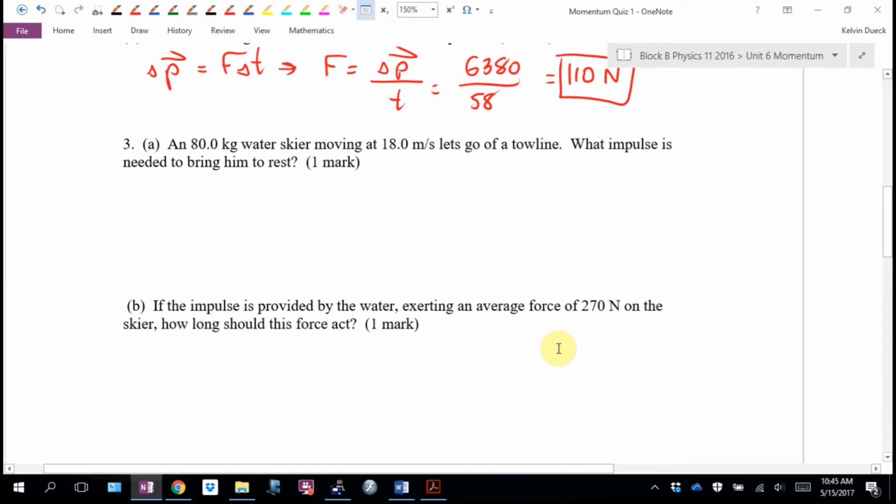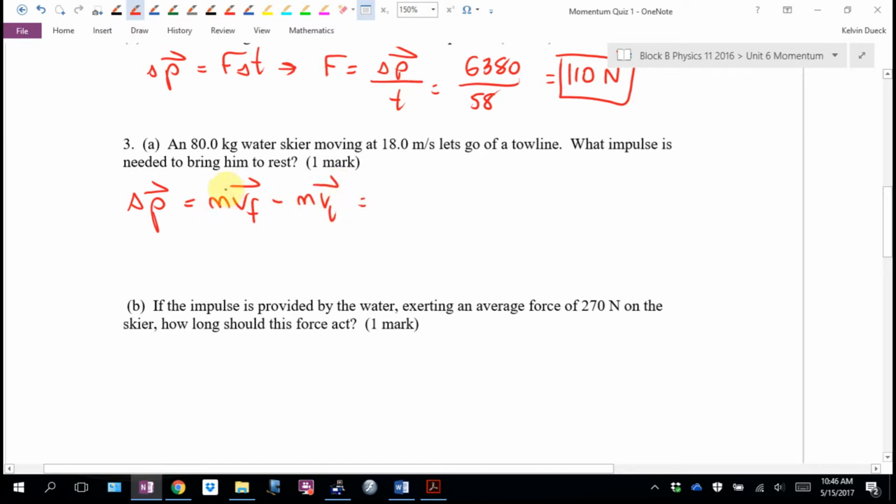Number 3 is asking me to find the impulse. That's also the change in momentum. So the first thing I start out with is I write that down, delta P. You know what? Since part B is asking me to find time, I don't think I can use force times time to do part A. I think, again, I'm going to say it's m delta V, except change in anything is final minus initial.